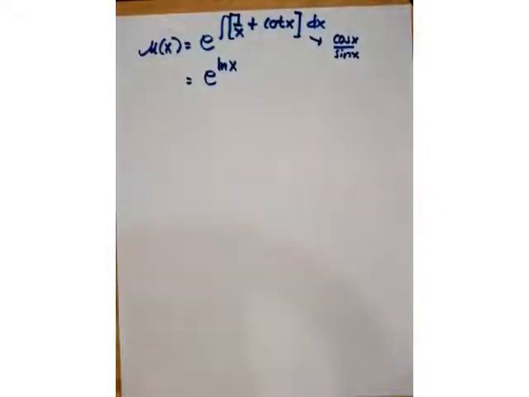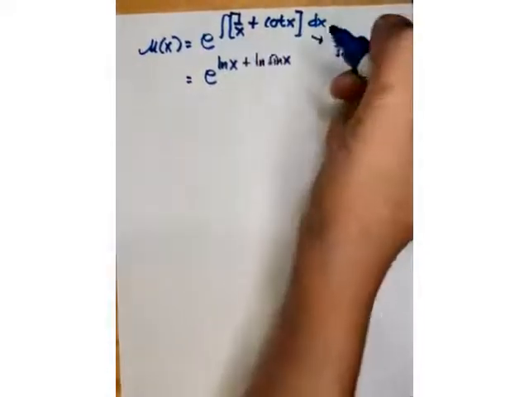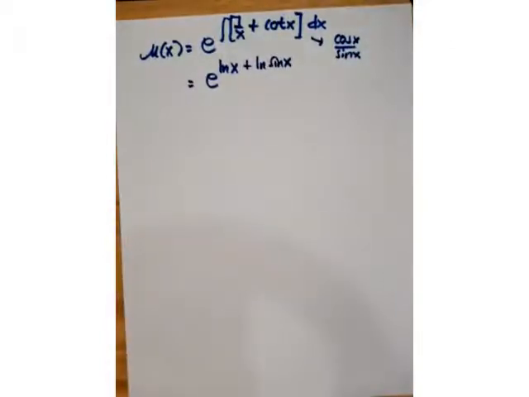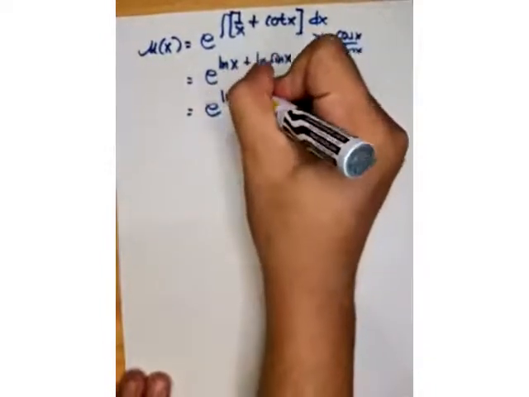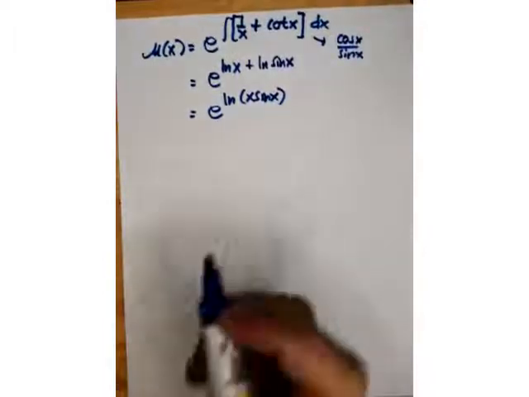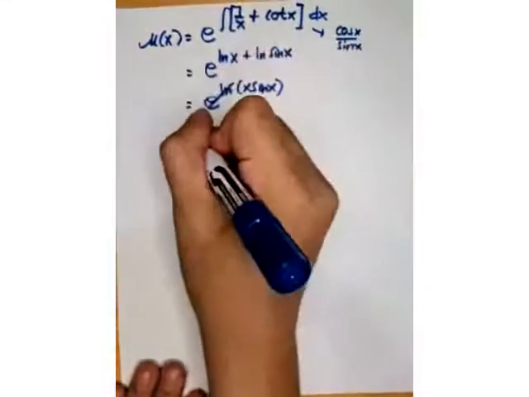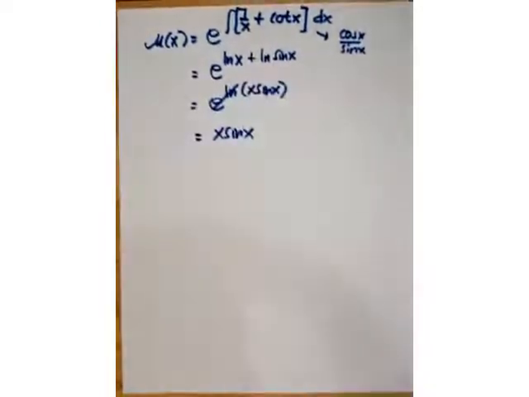So kung diderive natin yung denominator, makuha natin yung numerator. So that will be plus ln of sine x. Okay, so let's simplify. So that's e to the ln of x sine x. Property of logarithm. So cancel. So we'll have x sine x as our integrating factor.